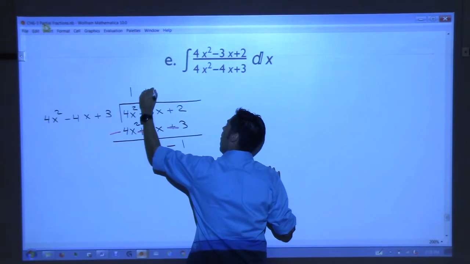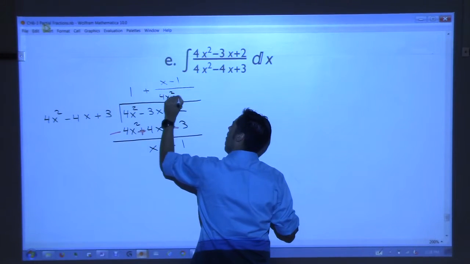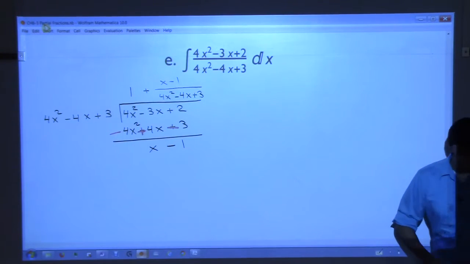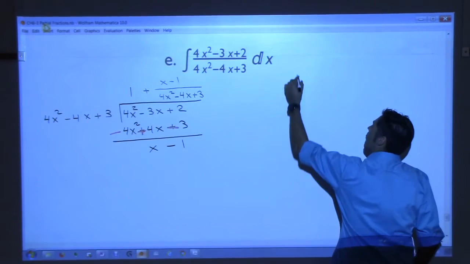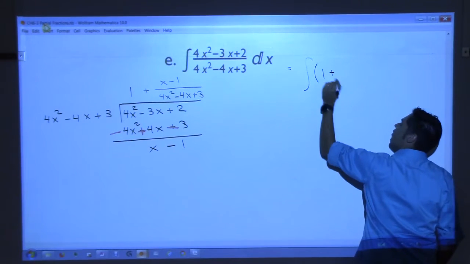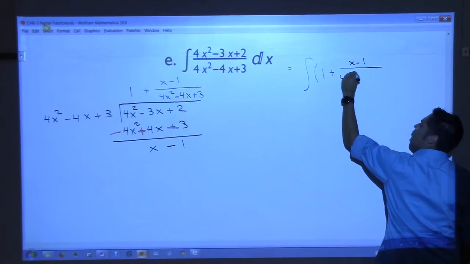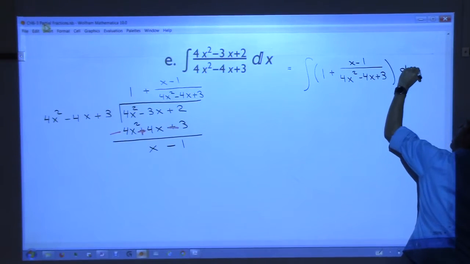So plus x minus 1 over 4x squared minus 4x plus 3. So this original integral is the integral of 1 plus x minus 1 over 4x squared minus 4x plus 3 dx.